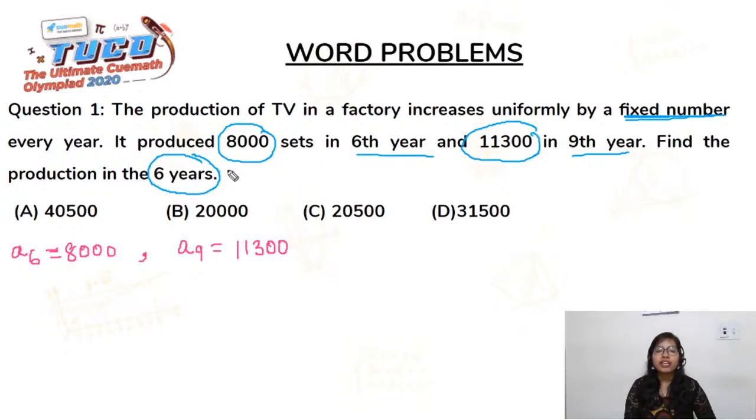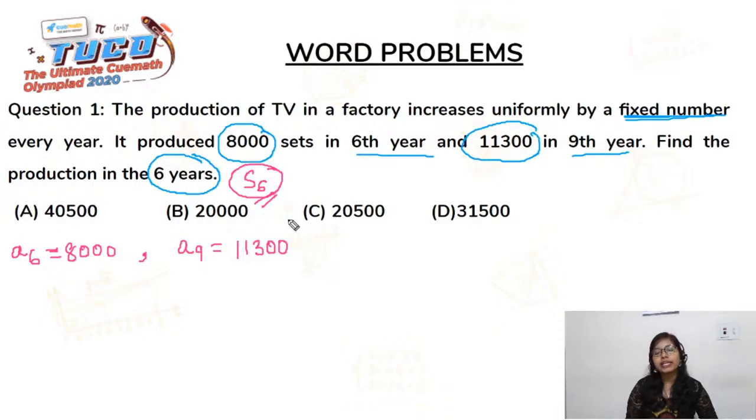Find the total production in 6 years. That's what is being asked here. So all you have to do is find the value of S6, because finding the production throughout 6 years is adding the production of the 1st year plus 2nd year plus 3rd year plus 4th year plus 5th year plus 6th year. In a way, it is nothing but the sum of 6 terms.